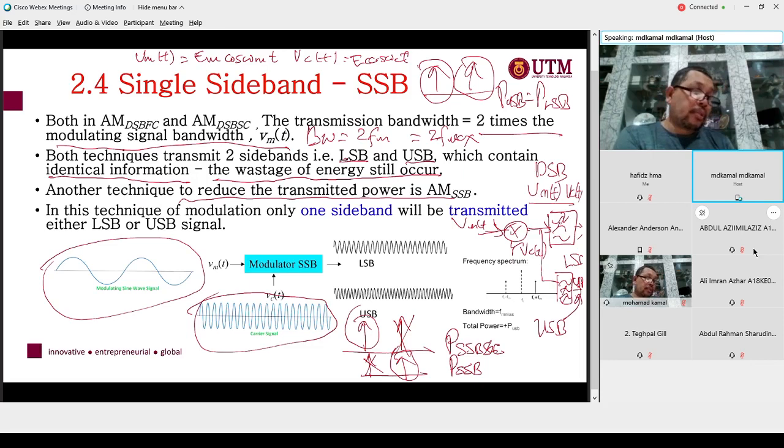After the filtering process, you have the lower sideband and the upper sideband. Of course, the upper sideband has a higher frequency, so the time domain becomes shorter compared to the lower side. You cannot draw the same wavelength because we cannot differentiate the time domain if you draw the same thing.